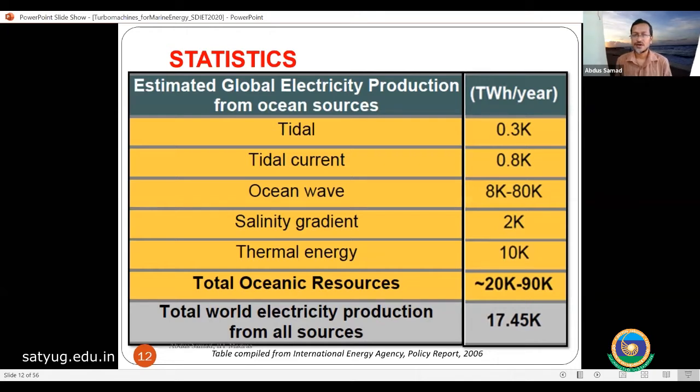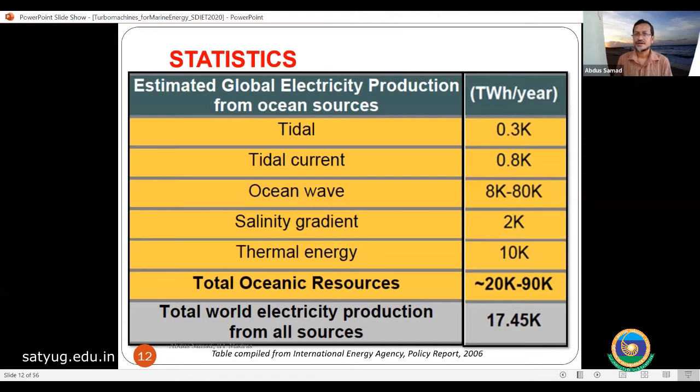And salinity gradient, I already told, sea water density and river water density are different. If you can run some turbine using that difference, then you can get some power. Okay. And wave energy, anyway, I'll discuss in detail. So a huge amount of power is there in the ocean in these forms, and all systems are in the basic stage.